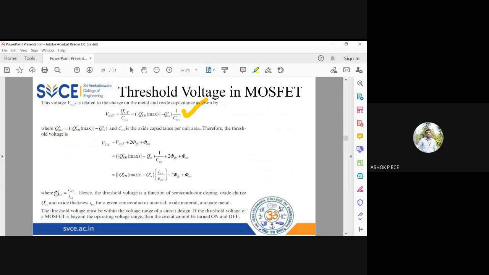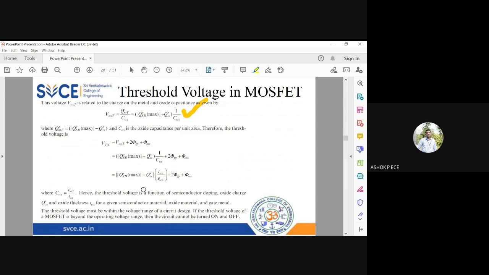So C is equal to epsilon by D. T is going to be thickness. I'm replacing D by T. So C ox equal to epsilon ox by T ox. So 1 by C ox will become T ox by epsilon ox. So VTN will be equal to Q dash SD maximum minus Q dash SS into T ox by epsilon ox plus 2 phi FP plus phi MS.